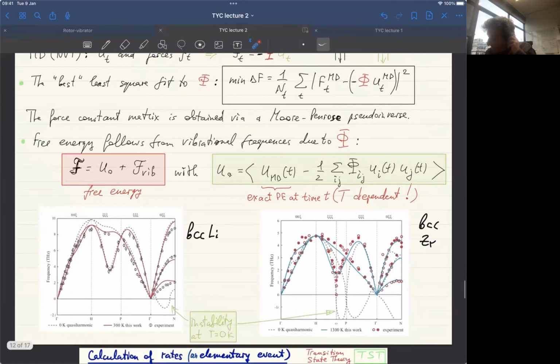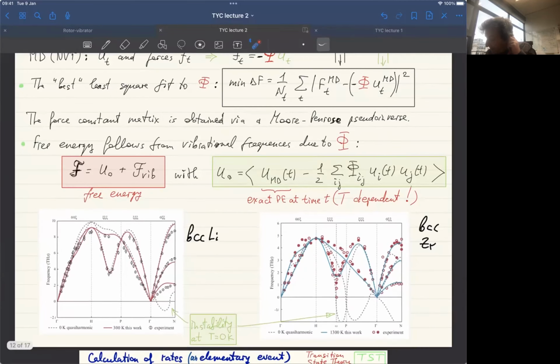And once you have this matrix, you can determine vibrations. And here you have an example of BCC lithium dispersion curves of the vibrations. So if you calculate vibrations at zero temperature, you just relax your lithium and then you determine vibrations. You will find that some of the vibrations have imaginary frequencies.